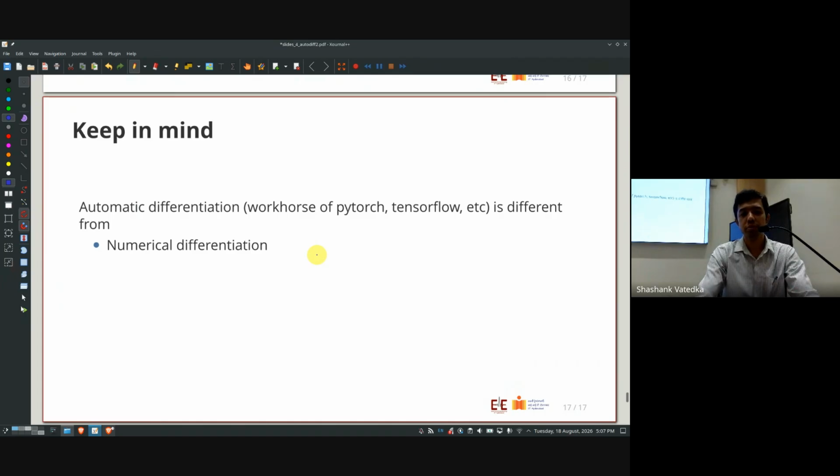Okay. So one thing to keep in mind is that automatic differentiation, which is basically the workhorse of PyTorch, TensorFlow, and similar libraries, is firstly different from numerical differentiation, as we saw, because automatic differentiation or backpropagation allows you to find the derivatives in time that is linear in the number of variables.